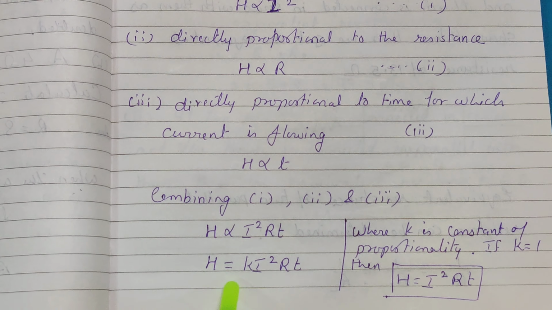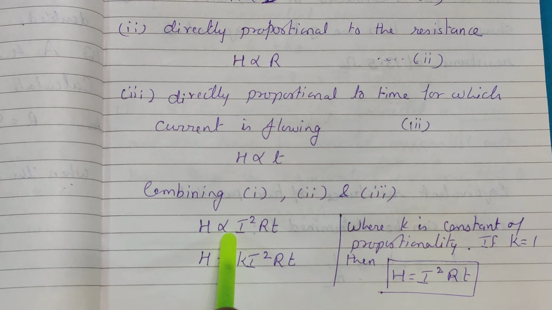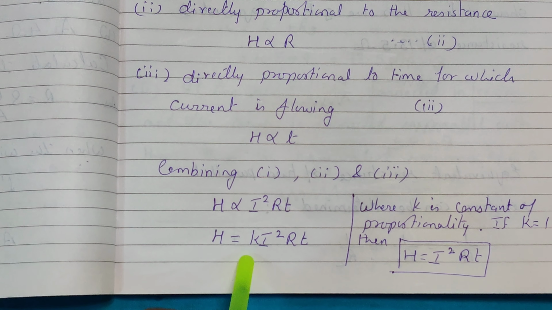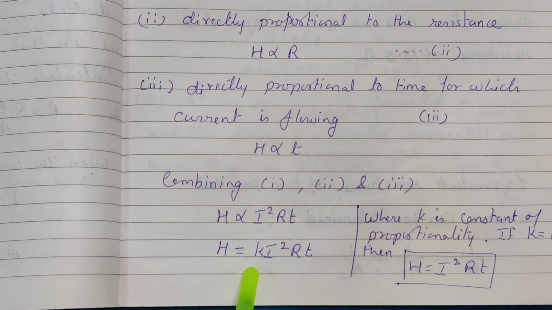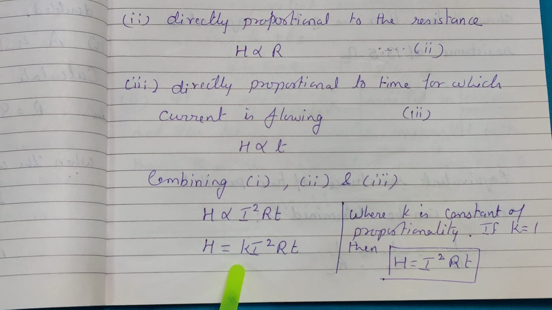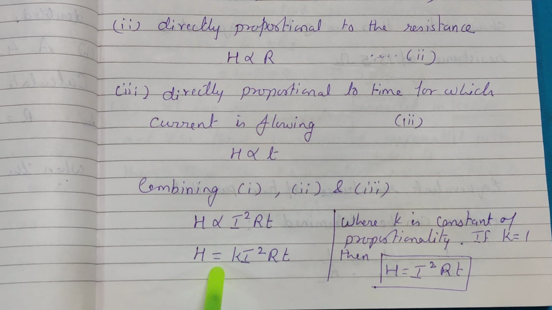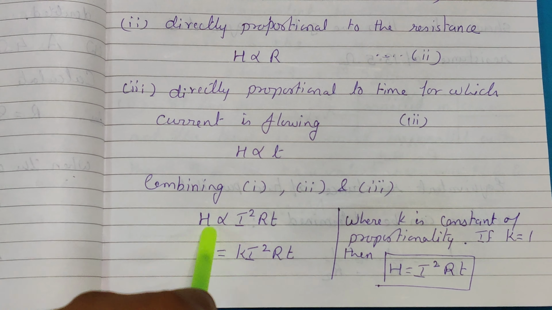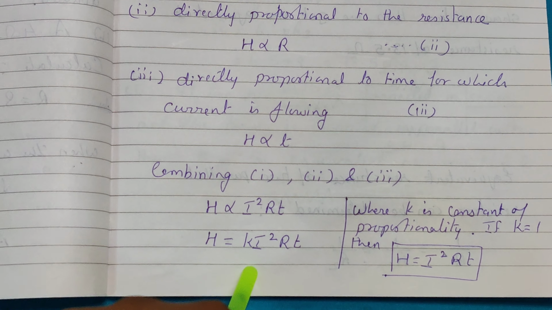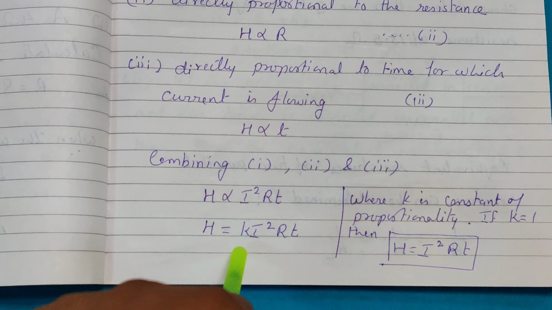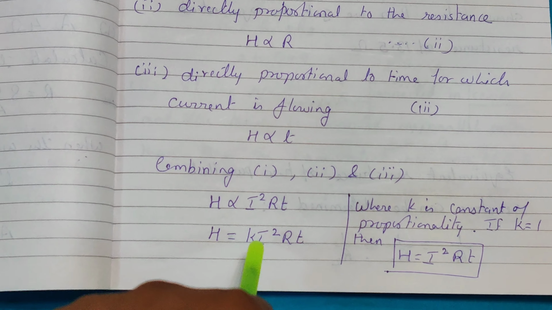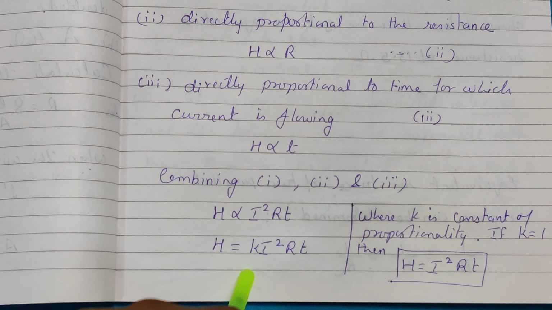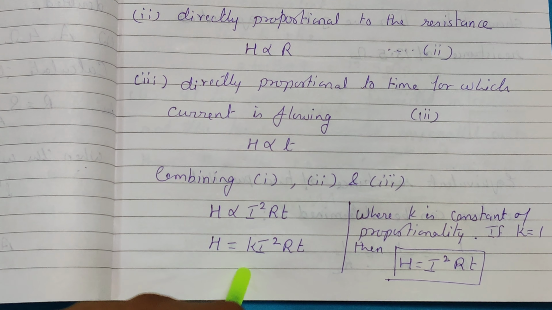Then H equals to, we have to remove this proportional. When we remove the proportional, we have to put a constant value. Suppose we take it as K. So H equals K I square RT, where K is the constant of proportionality.